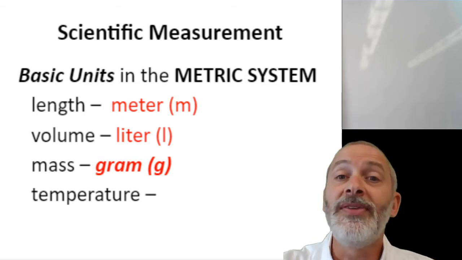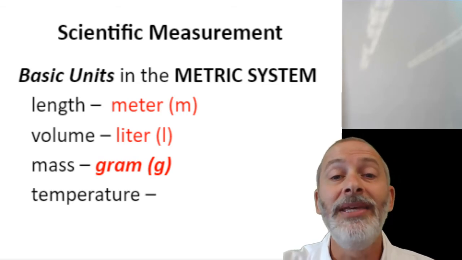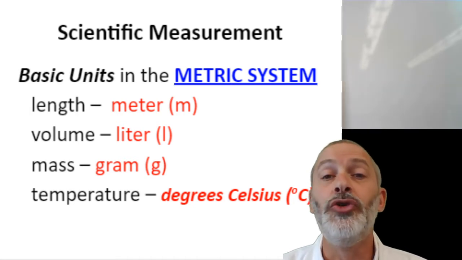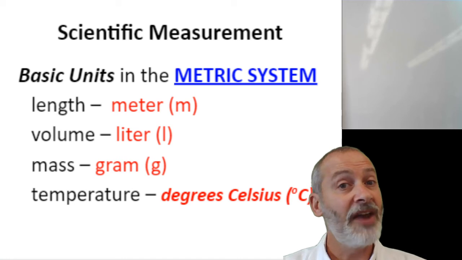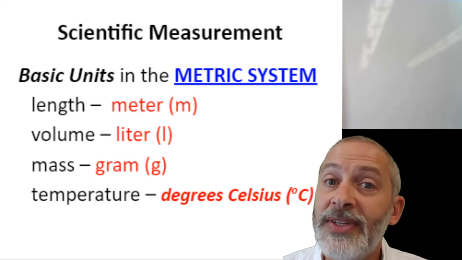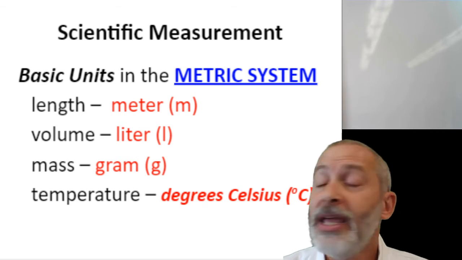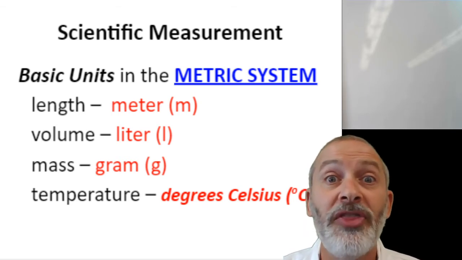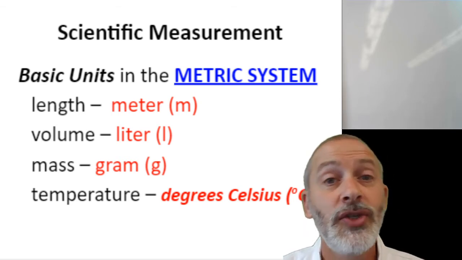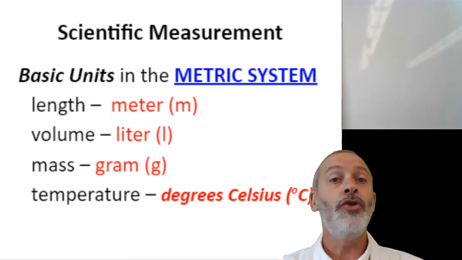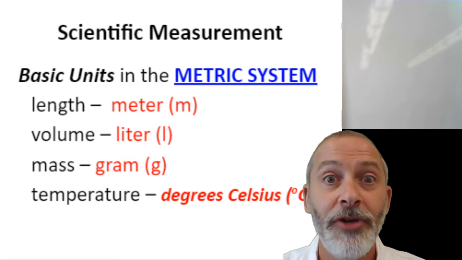Metric system, basic unit of temperature is degrees Celsius. Degrees Celsius, not Fahrenheit, but degrees Celsius. When you watch a weather report here and you hear it's going to be 37 degrees Fahrenheit in this country, you might bundle up thinking it's going to be pretty frigid outside.